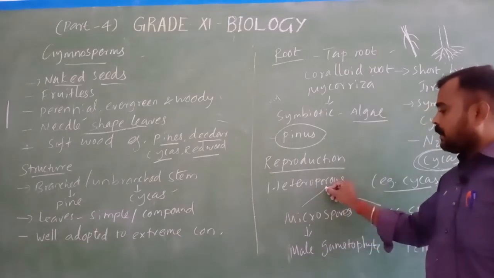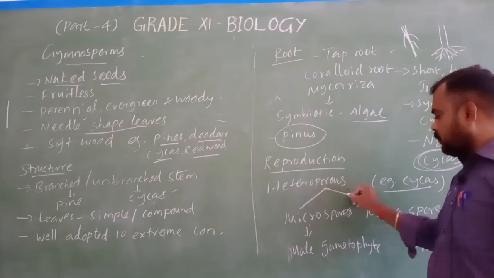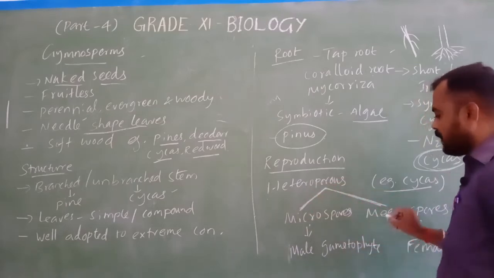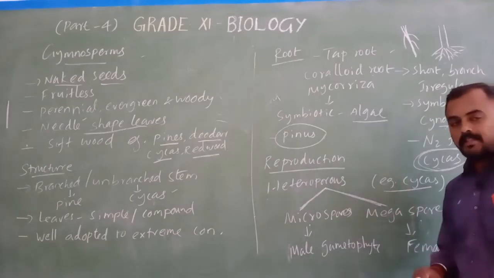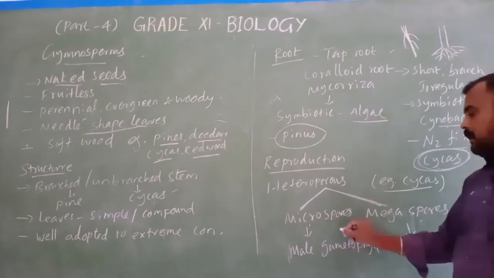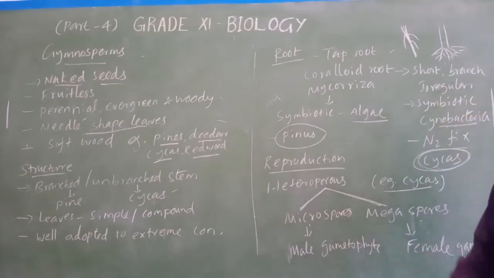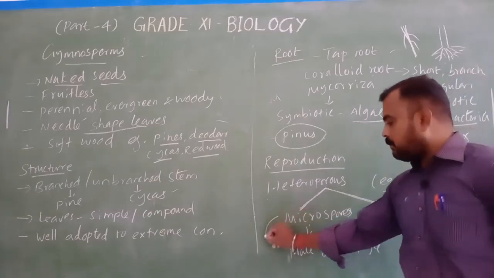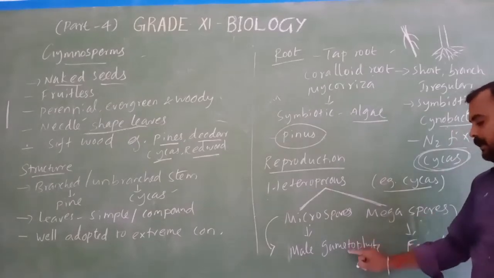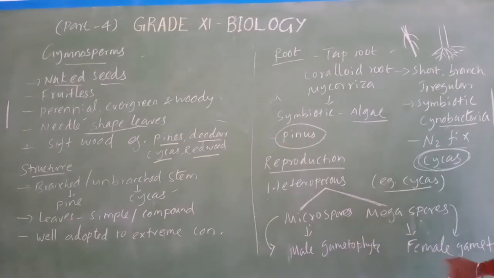So, for example, we are talking about cypress. It is heterosporous. One is megaspore, one is microspore. One is small, one is big. In the pteridophytes also I said that. The microspore germinates and gives rise to the male gametophyte, and the megaspore gives rise to the female gametophyte.